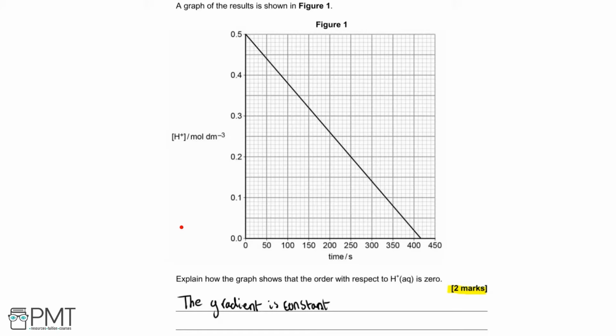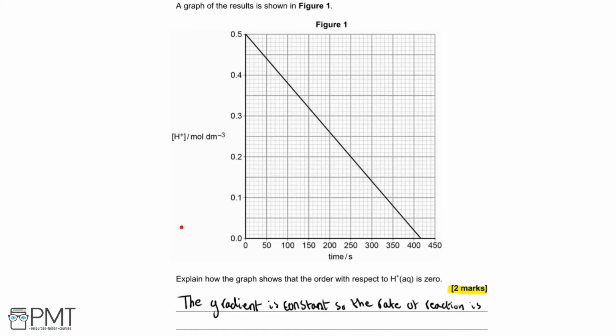So the gradient is constant. Because this gradient is constant and it's equal to the rate of reaction, this means that the rate of reaction is also constant. And the reason this is important is that throughout this graph, the concentration of hydrogen ions is changing.